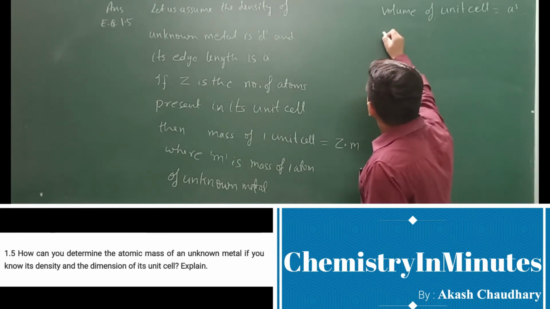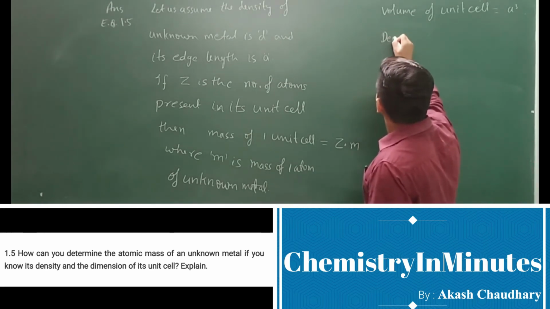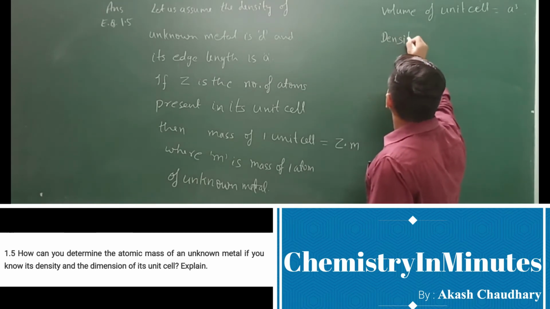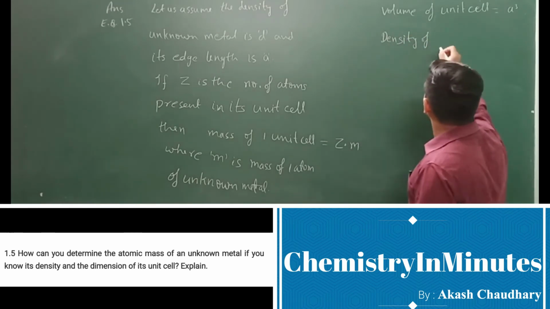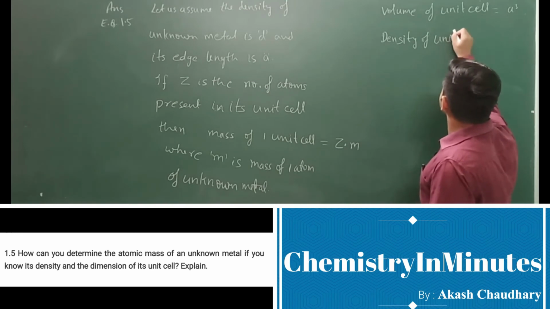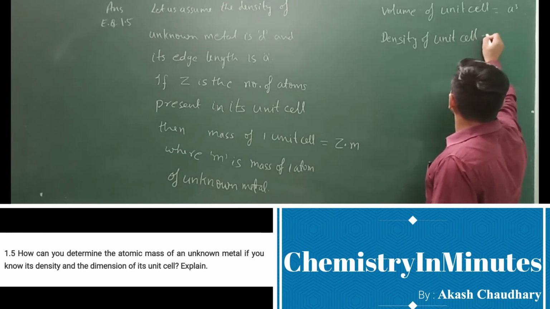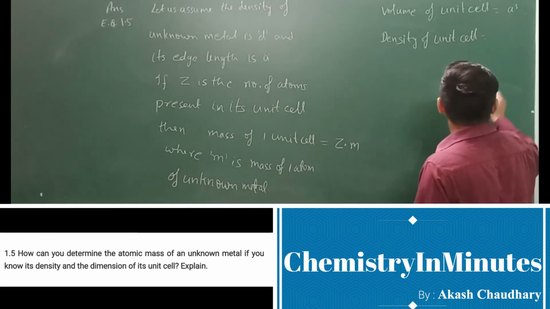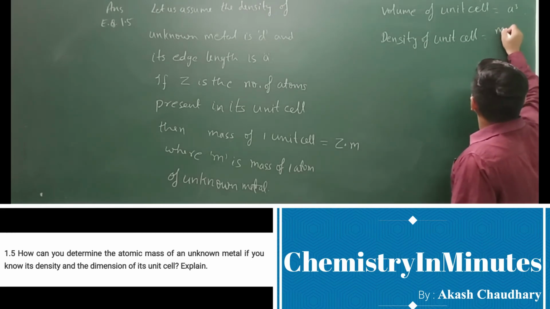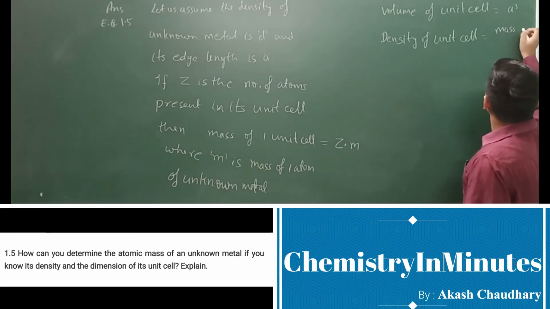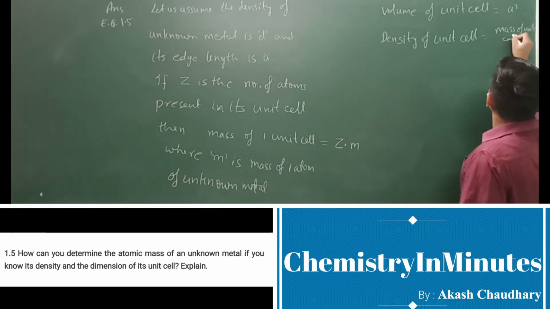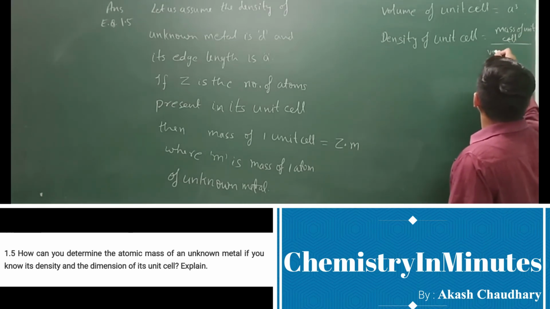Now the density of unit cell, density is mass divided by volume. So density of unit cell is mass of unit cell divided by volume of unit cell.